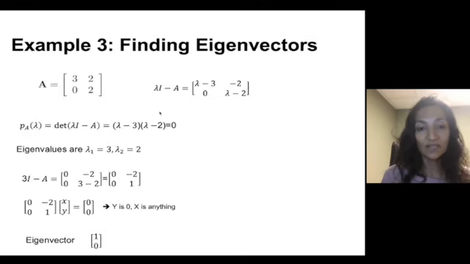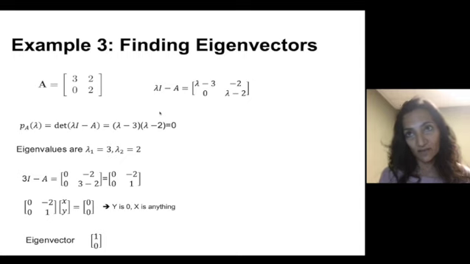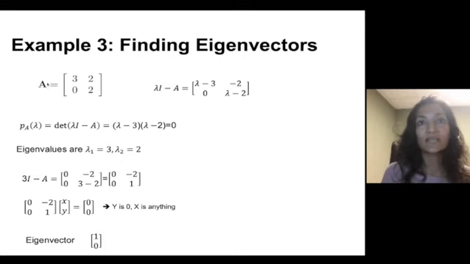Now let's see how to actually use the characteristic polynomial with the determinant computation to find eigenvalues and then eigenvectors. So we have the matrix A here with rows 3, 2, and 0, 2. You can form the matrix lambda times I minus A as follows. Lambda on the diagonal minus these entries, lambda minus 3, lambda minus 2, and the off-diagonal entries are just negated, 0 and minus 2.